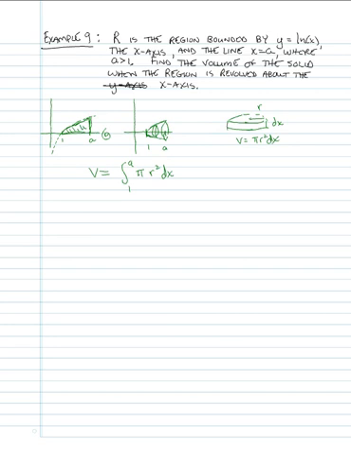And we're adding up all of those different volumes by integration. So what we end up with here is the integral from 1 to a of pi. Oh, and by the way, that r is this measurement from the x-axis to the curve. So that r is actually just the natural log of x, isn't it?